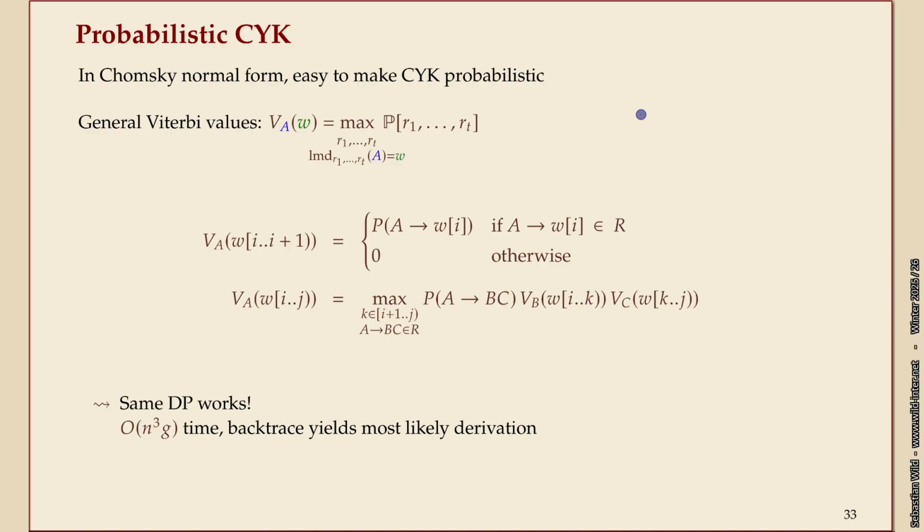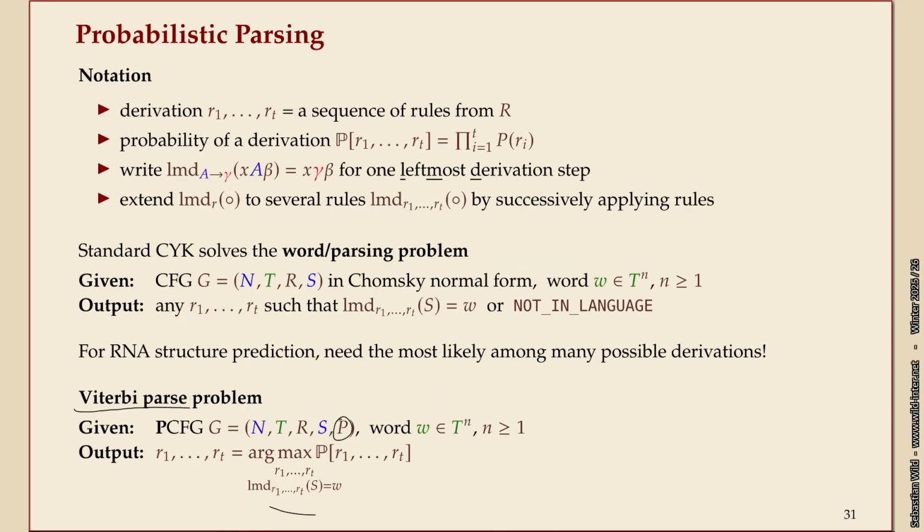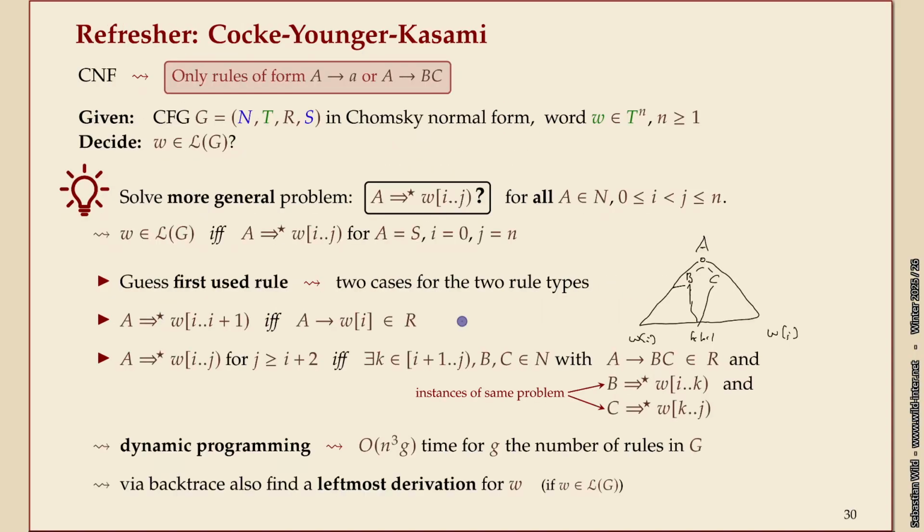We can turn the CYK algorithm that decides the word problem into one that computes Viterbi values by doing essentially nothing special. Where we previously had this, here we could set that such a production is possible if either this is true or this is true for k and one rule A to B C. So if you think about it, you would write this as a big OR, a logical OR of all the options here.